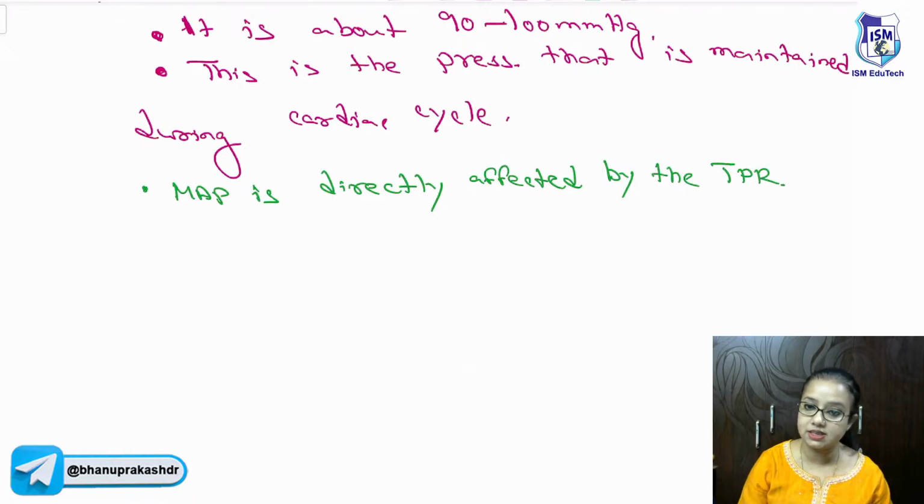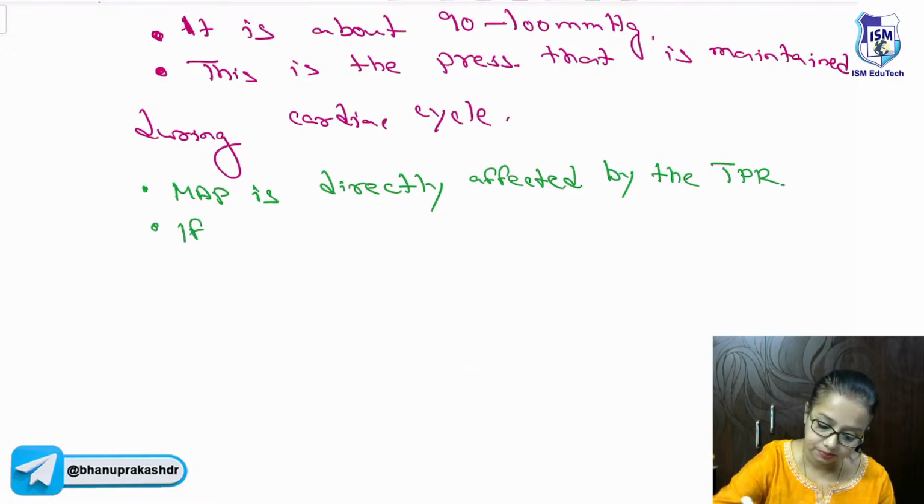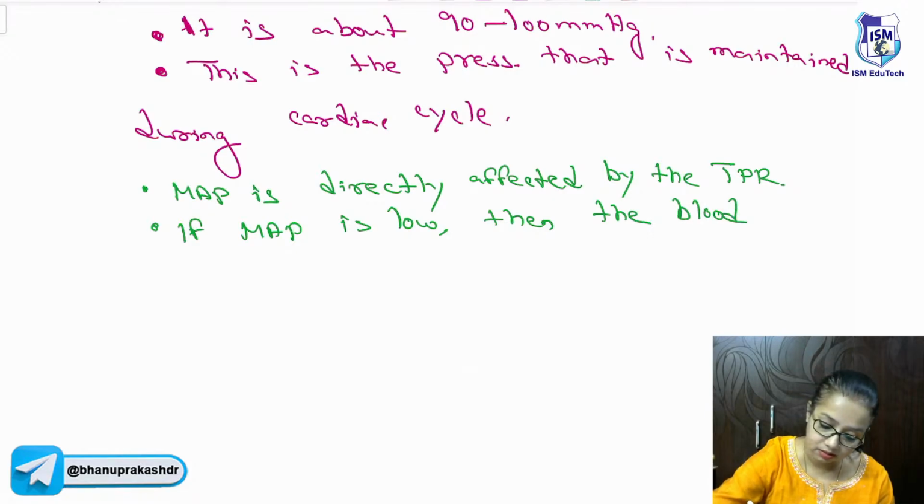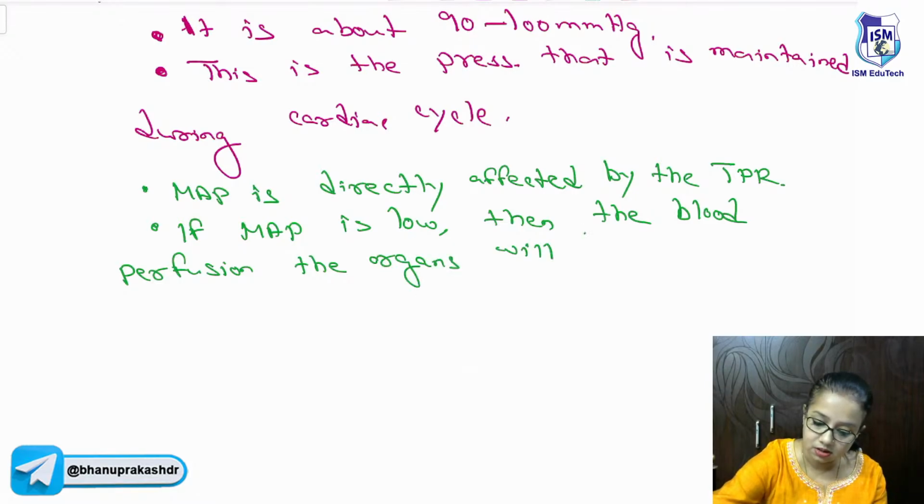So if there is any resistance in the periphery, any blockage in the artery or any kind of problem in the peripheral resistance, this mean arterial pressure will be affected, and it will also affect the perfusion to the different organs. So if mean arterial pressure is low, then the blood perfusion to the organs will be inefficient.